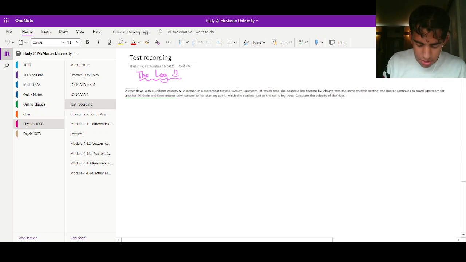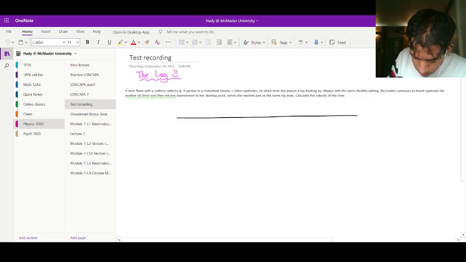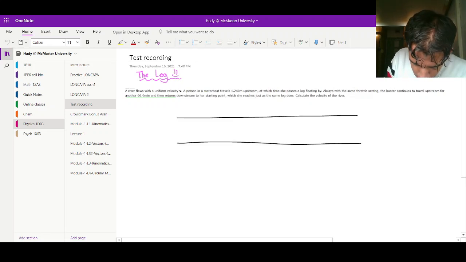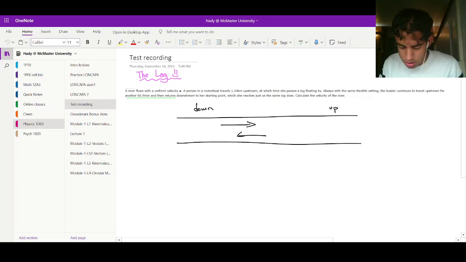Okay, so for this question, we have a river that's flowing and a person traveling upstream. So let's say this is up, this downstream. So this person's traveling that way, and the river flows that way. That's the river and the person.